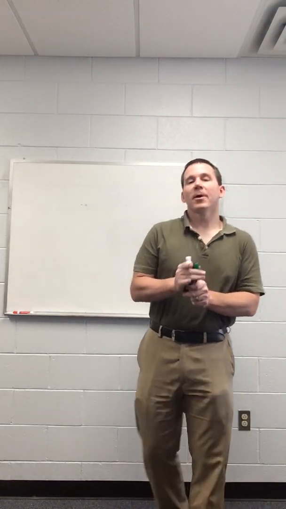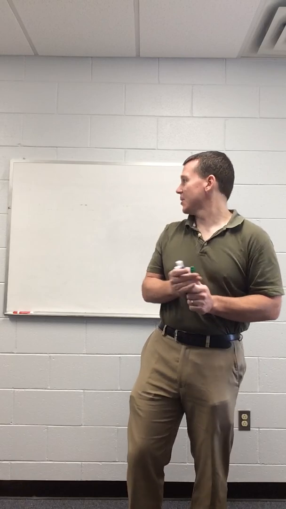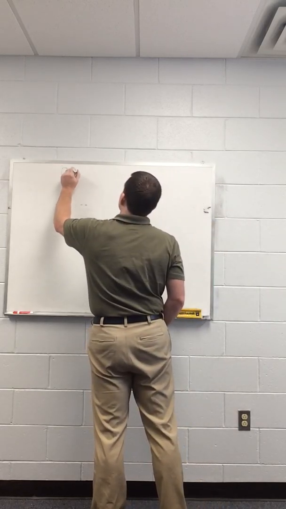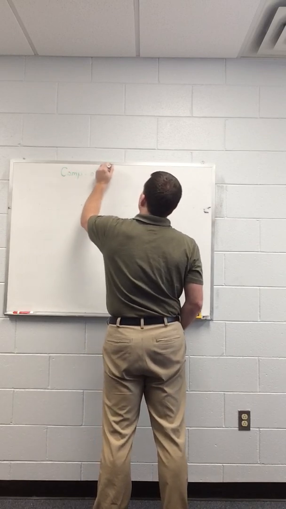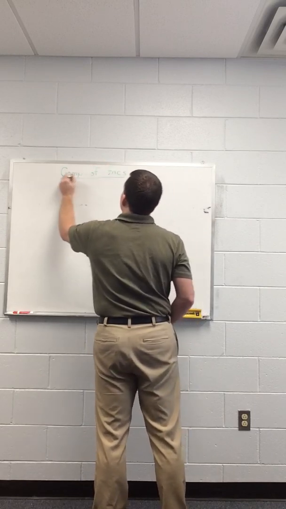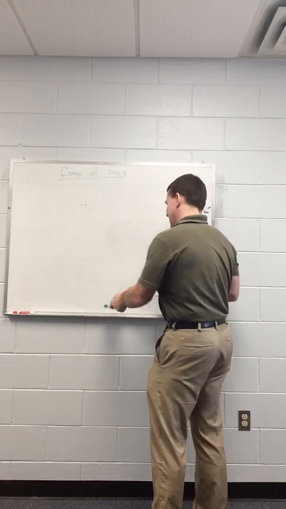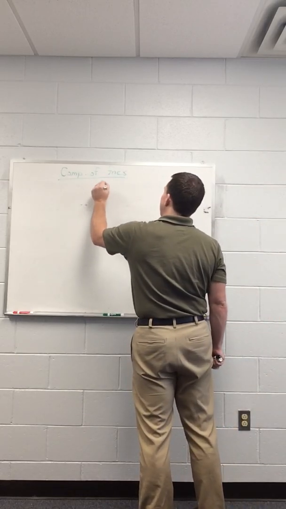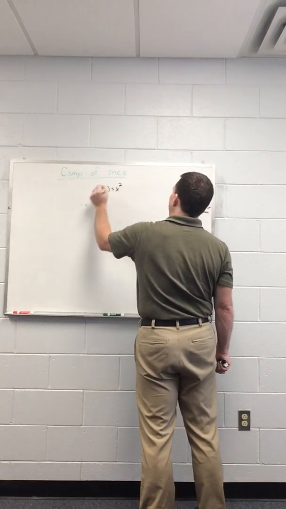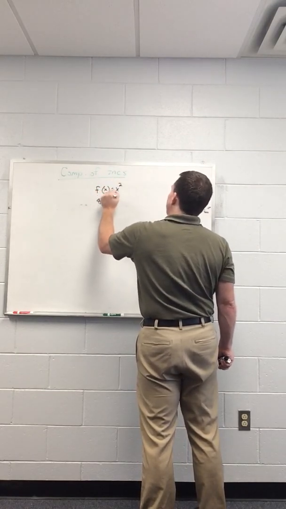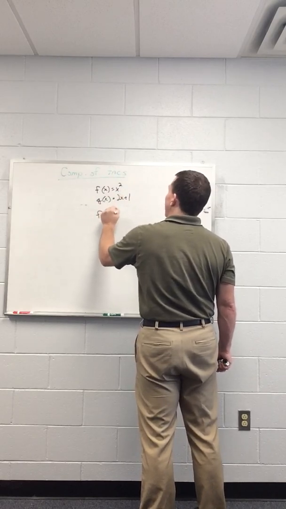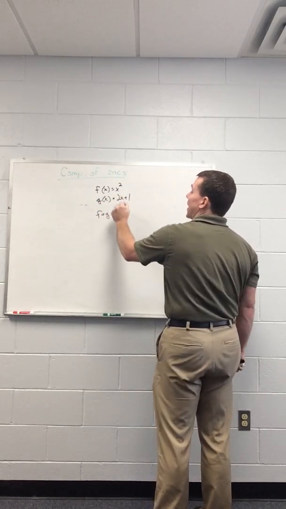Okay, in this video we're going to go back to something we studied earlier in the semester with composition of functions. But just as a quick review, if we recall, if I had something like f of x equals x squared, g of x is 2x plus 1, then I can do f circle g of x, f composed with g of x.